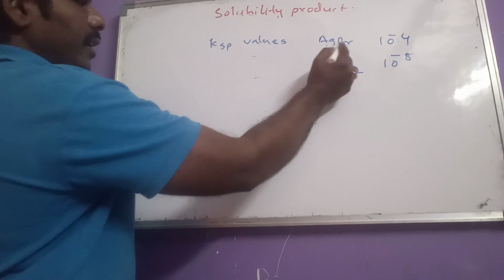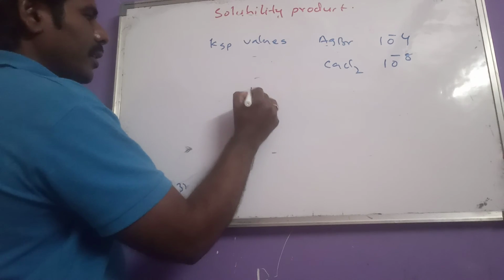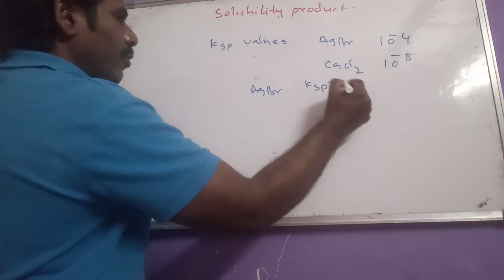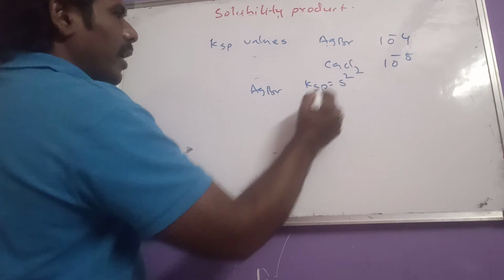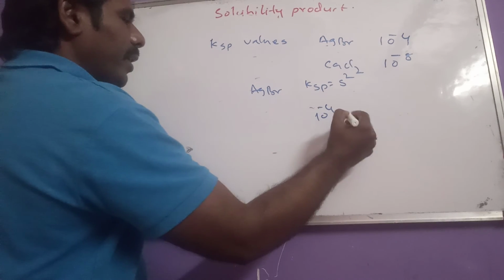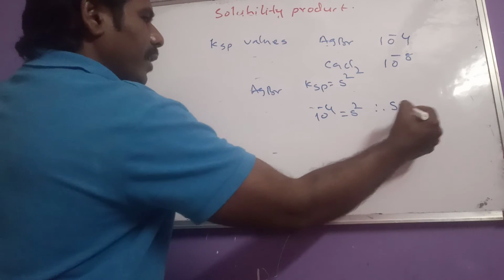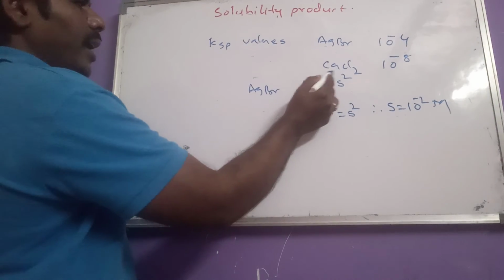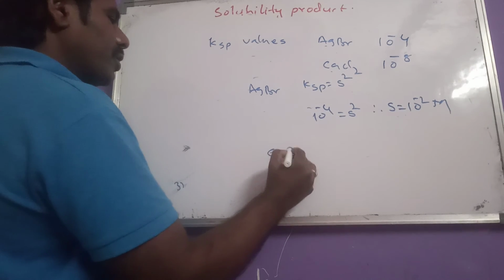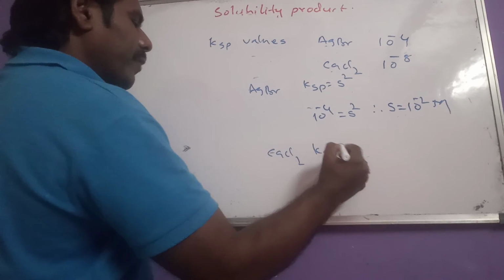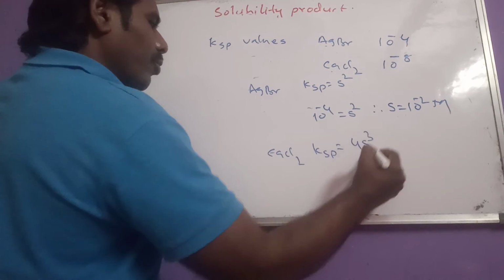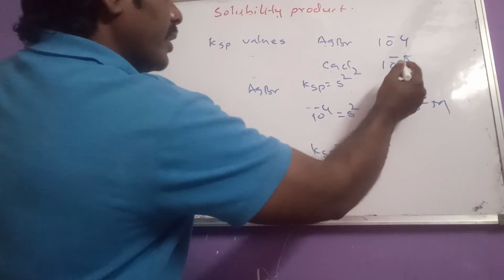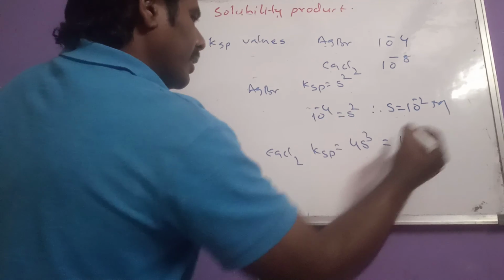So as it is an AB type of salt, for AgBr, Ksp equals S square, and Ksp value 10 power minus 4 means S value is 10 power minus 2 M. And as CaCl2 is an AB2 type of salt, Ksp formula is 4s cube. Now this 4s cube is given as 10 power minus 8.